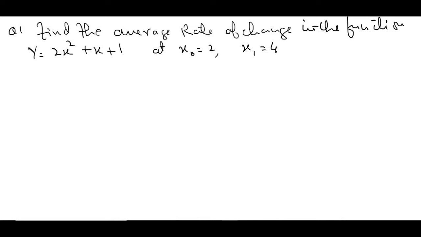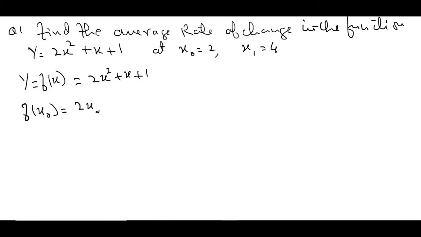Now first of all, as per the definition of the function, we know y in terms of x means this. So we can write the given function as f of x is equal to 2x square plus x plus 1. Now we will replace where there is x with x0 and x1 respectively. So f of x0 is equal to 2x0 square plus x0 plus 1 and f of x1 is equal to 2x1 square plus x1 plus 1. Now put these two different functions in the formula for the rate of change.